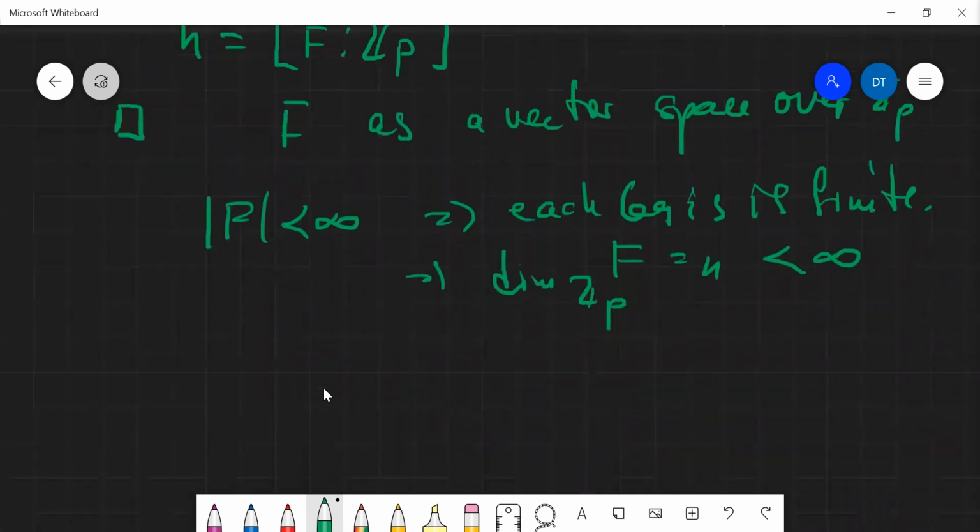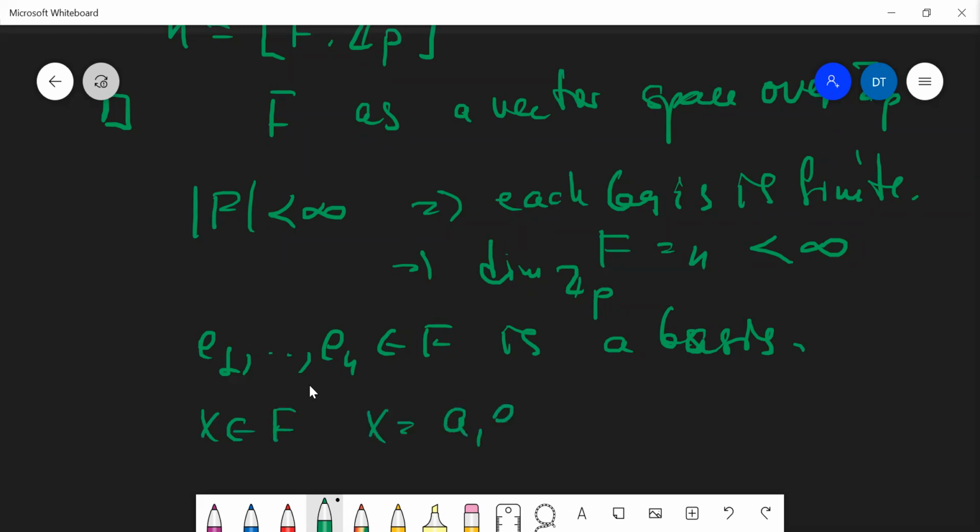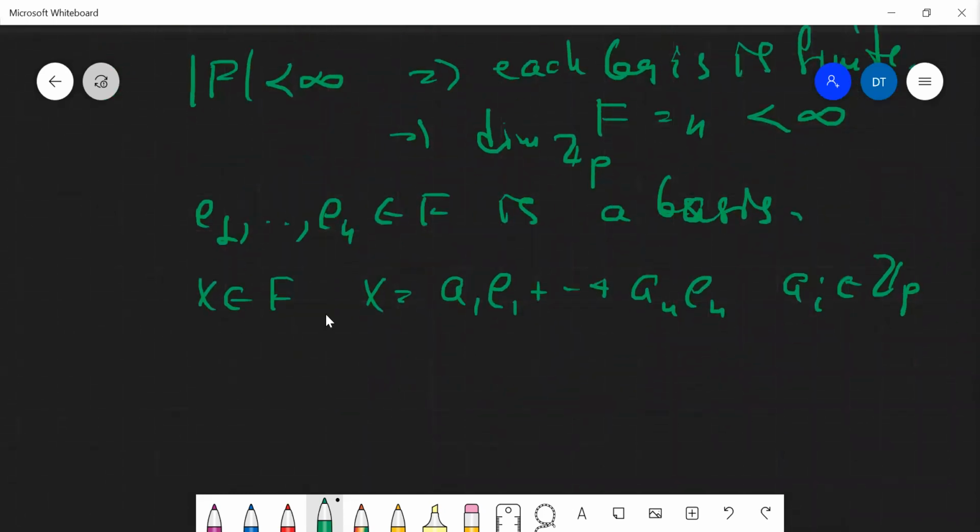But if we have a finite dimensional vector space, let's take its basis. Suppose that e_1, ..., e_n in F is a basis. It means that each element x of F has a unique representation in this form. This is just the definition of the fact that e_1, ..., e_n is a basis over Z_p.